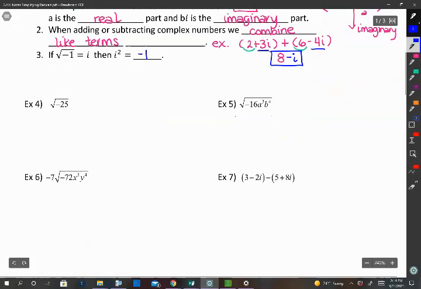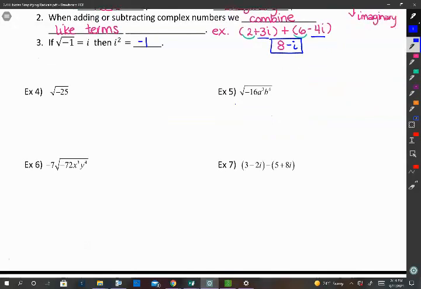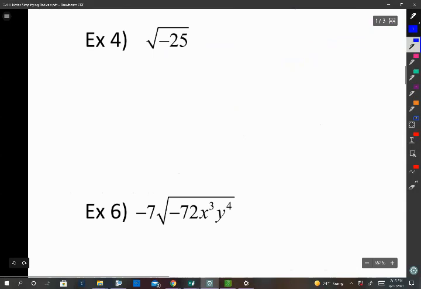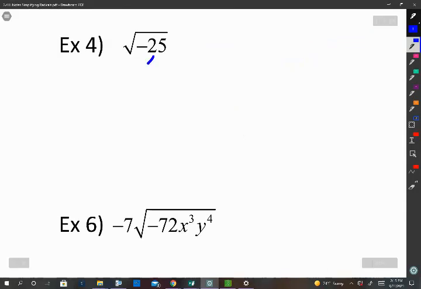The way we're going to use this with simplifying is that the very first thing I always do is look at the negative 25 as a negative 1 times 25. So as I look at this, I'm saying, okay, it's a negative number. So this is negative 1 times 25. I know as my first step that because I have a negative 1 here, this leads to an i. So I've got an i term.